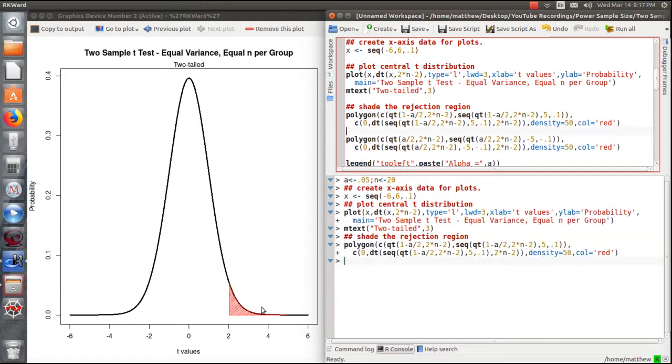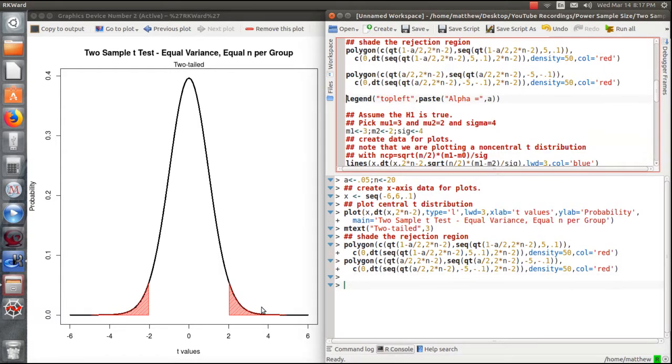So we'll shade in both regions, and when the calculated test statistic falls in either rejection region, the red shaded area, we reject the null hypothesis. If it doesn't, then we don't reject the null hypothesis.